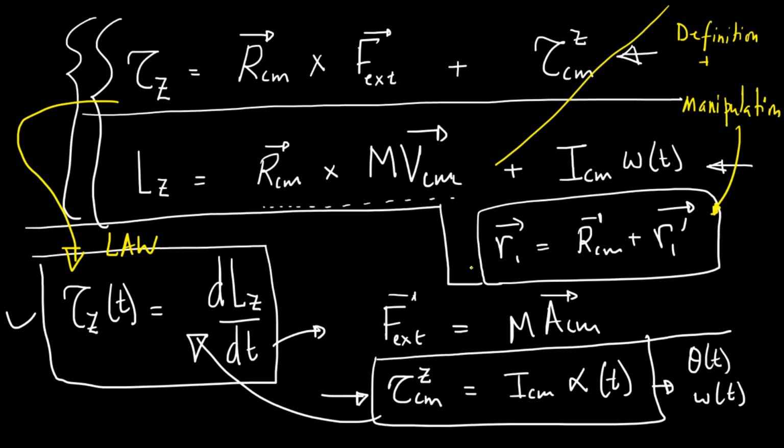So let us use the law. So this is the grand finale. So let's see if I can write it neatly. Tau z is equal to, writing it a few times really makes you more and more comfortable.